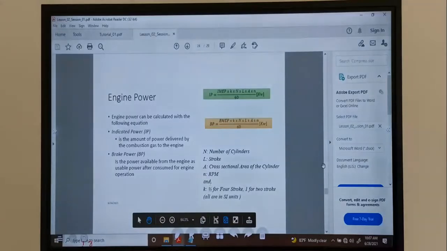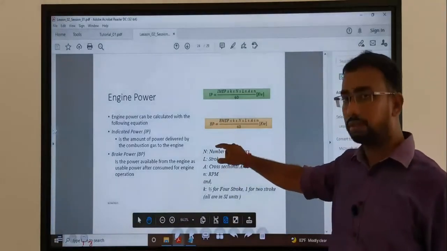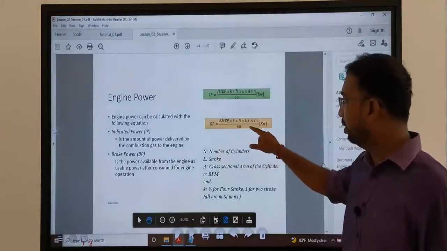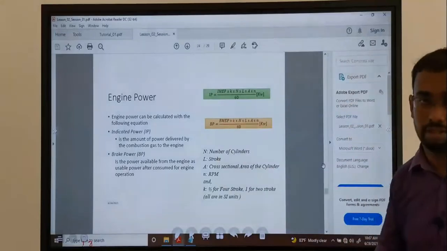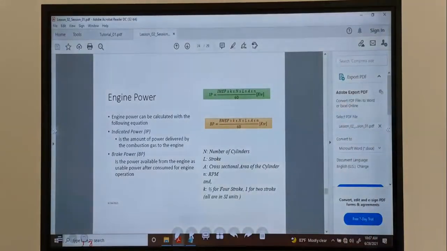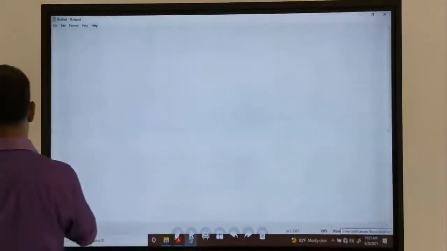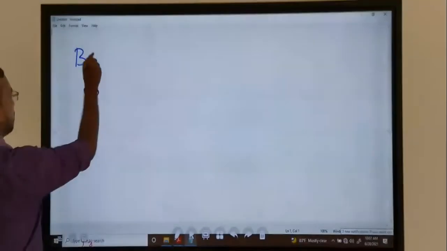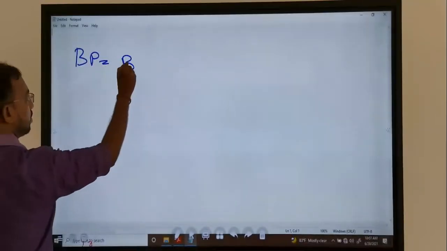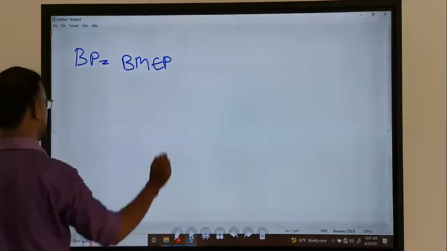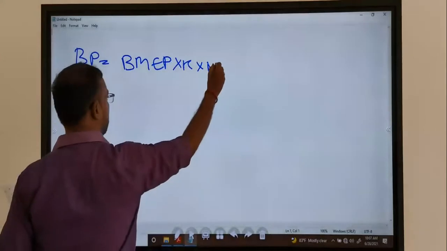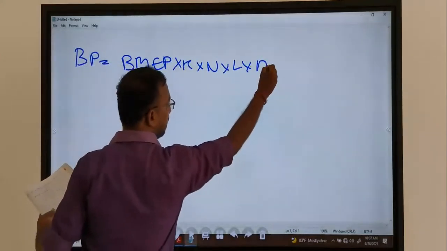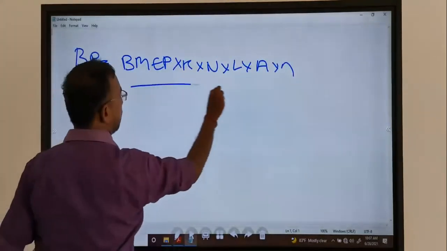Now we know the brake power and all these things, so we can find the brake mean effective pressure. Using the same equation, brake power equals P into L into A into N over 60.